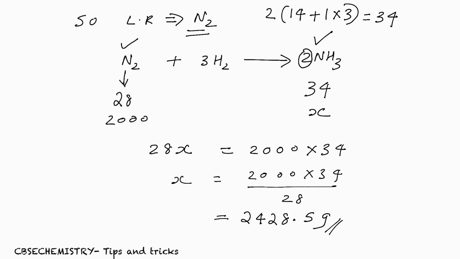So x is the amount, or mass, of ammonia produced, which is 2428.5 gram. Hope all of you understand. So we got the answer for the first question. Remember one important thing: if they give the mass of both reactants and the question is to find the mass of the product, first you find the limiting reagent, and by using the limiting reagent, you can find the product.